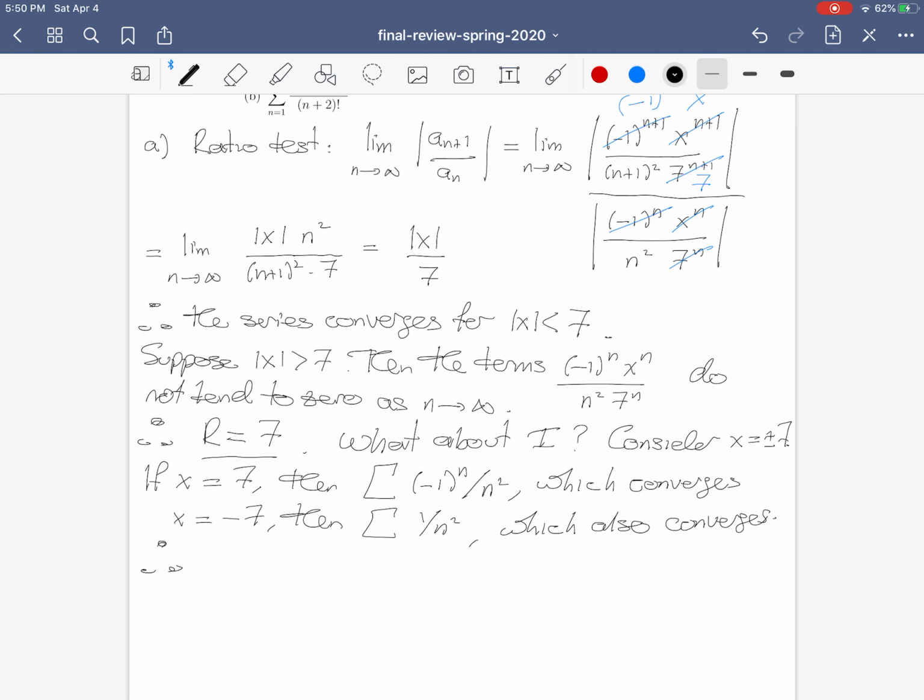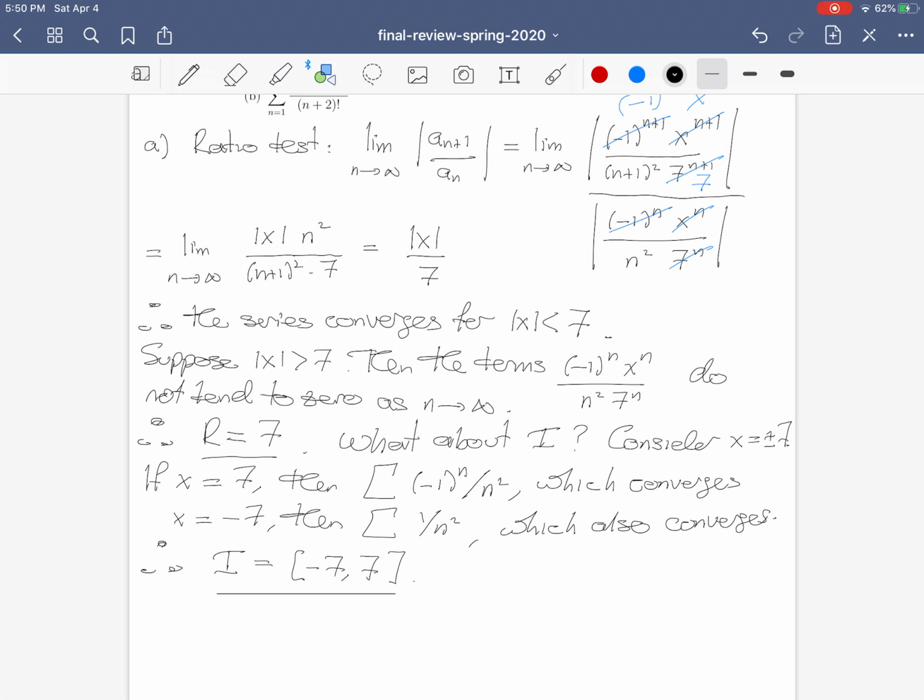So therefore, our interval of convergence is the closed interval from negative 7 to 7. So it contains both x equals negative 7 and x equals positive 7.